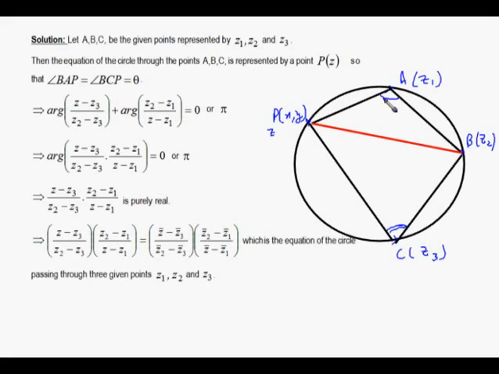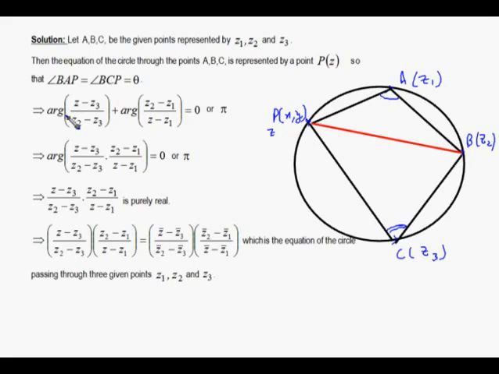So the sum of the value of this angle and this angle is going to be equal to pi, or it will be equal to 0 had they been in the same segment. So I can write that angle BAP is equal to angle BCP. That is the best case. The worst case, A lies over here, then their sum will be equal to 180 degrees.